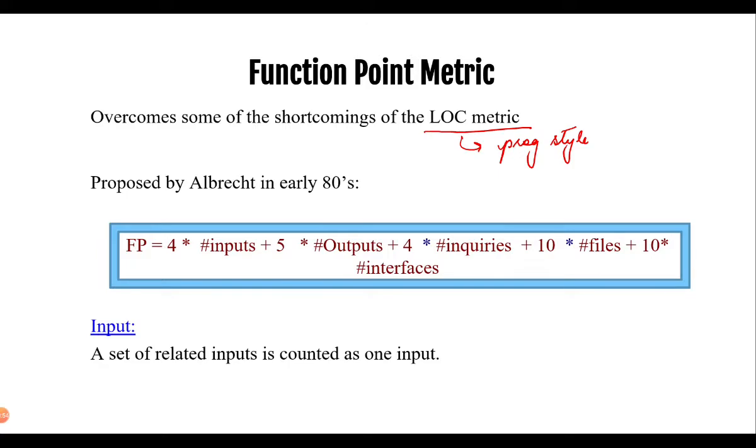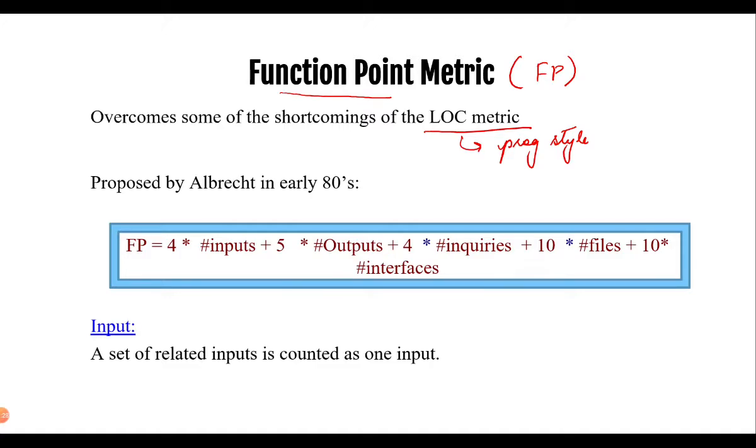So today we will discuss the function point metric. In short, we can represent it as FP, and it was proposed by Albrecht in the early 80s. In this function point metric, we shall be considering a few other parameters which will be used to calculate the cost or the size of the entire project, apart from the lines of code metric or parameter.